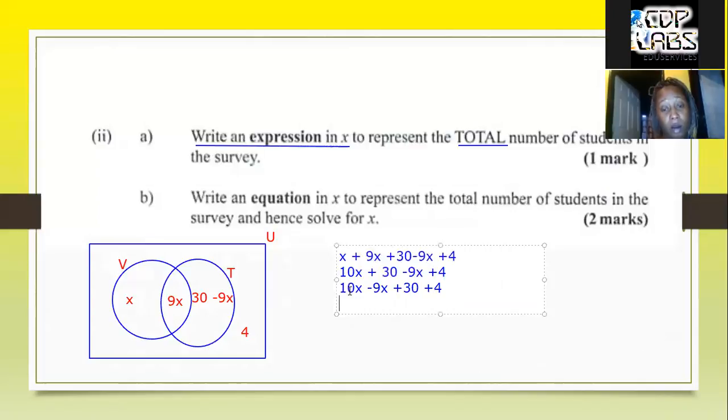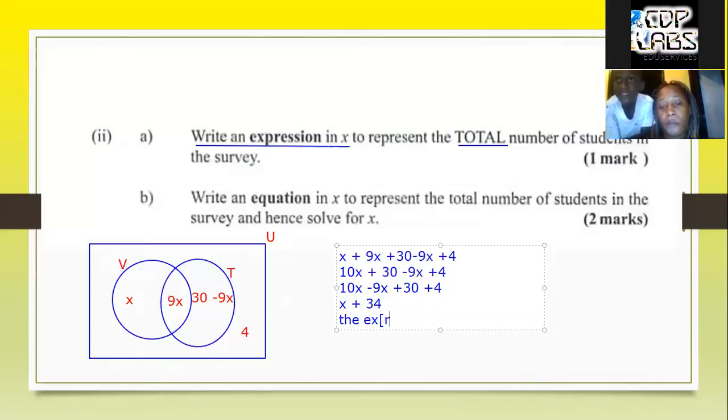Now 10x minus 9x gives you how much? 1x. Very good. You got to put x by itself, right? And 30 plus 4 is how much? 34.